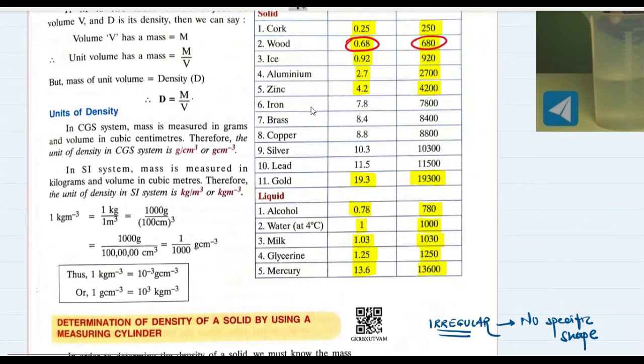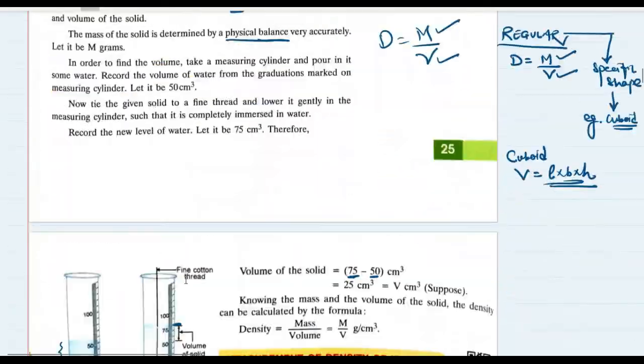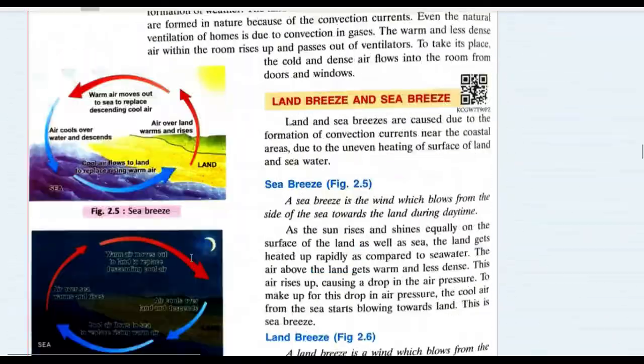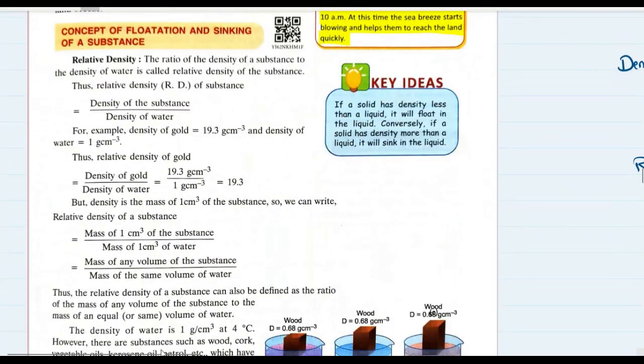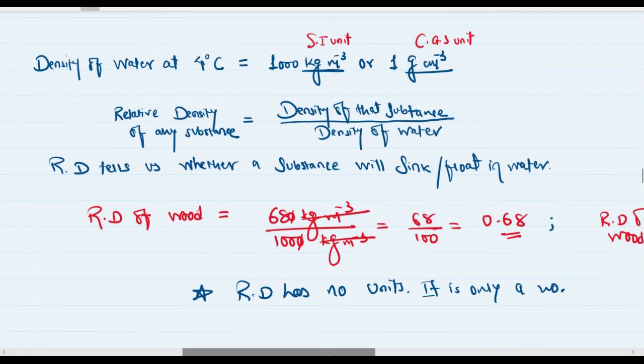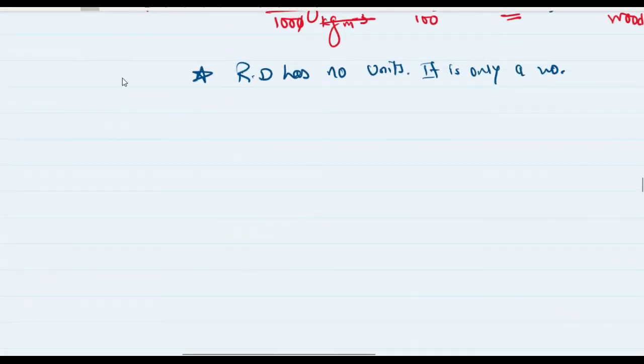Let me take the example of iron. Okay, iron. What is the density of iron? 7.8 or 7,800. Okay, now we'll take only a single unit so that we can find its relative density fast. Let's find it.